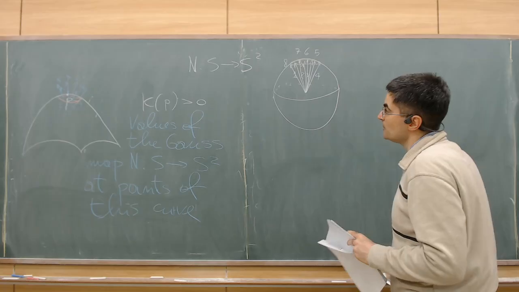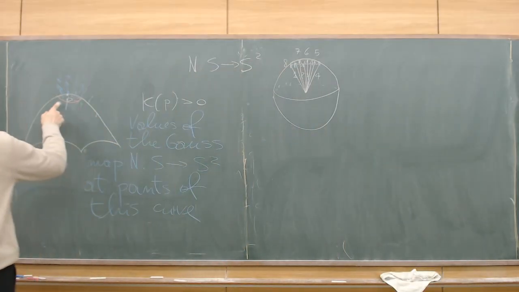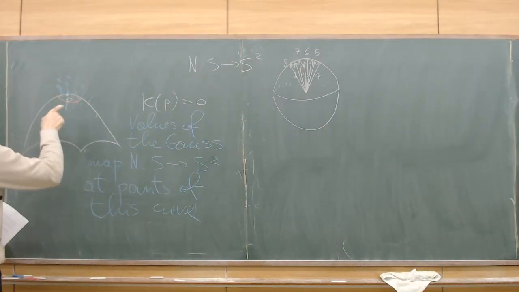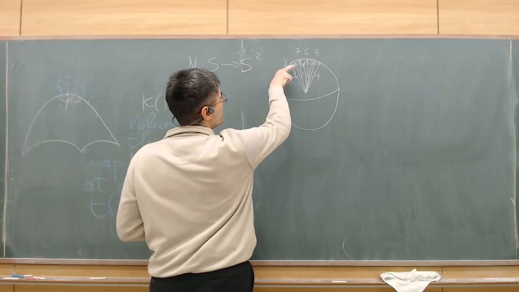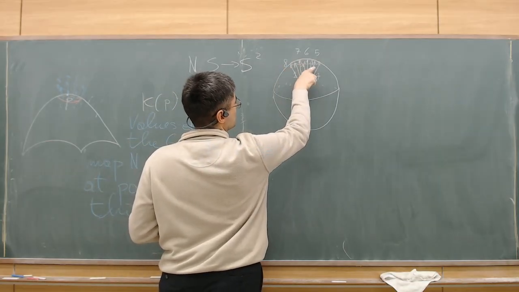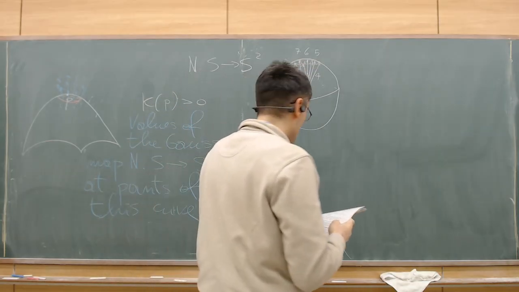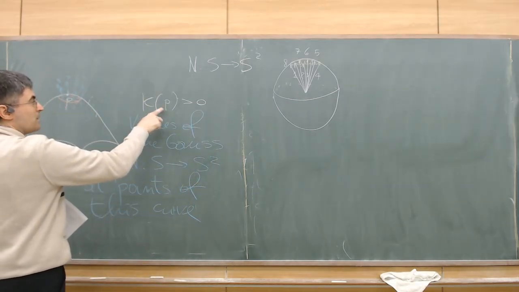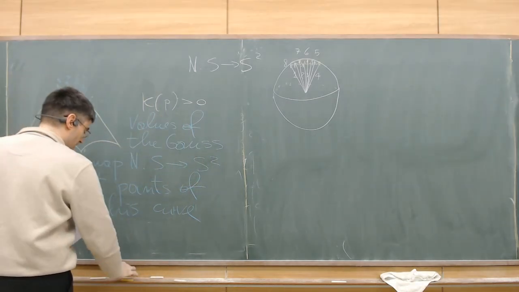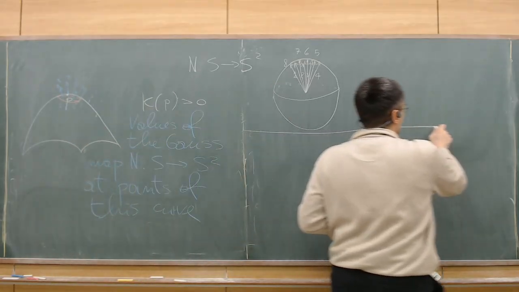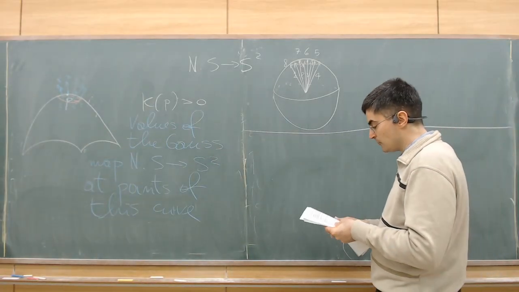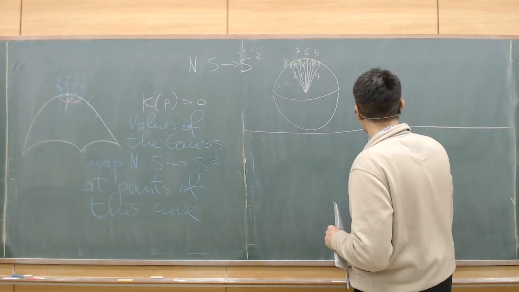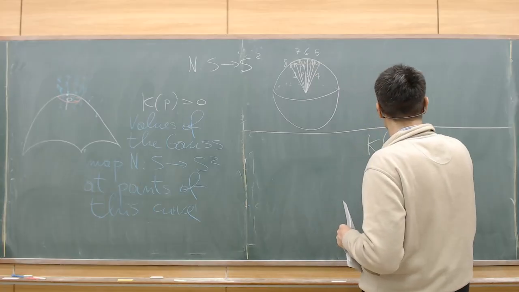And if we move from 1 to 8 along this curve, we move in this direction on S2. So this is the case when we have K at P positive. What happens instead if we have a surface with K at P negative?